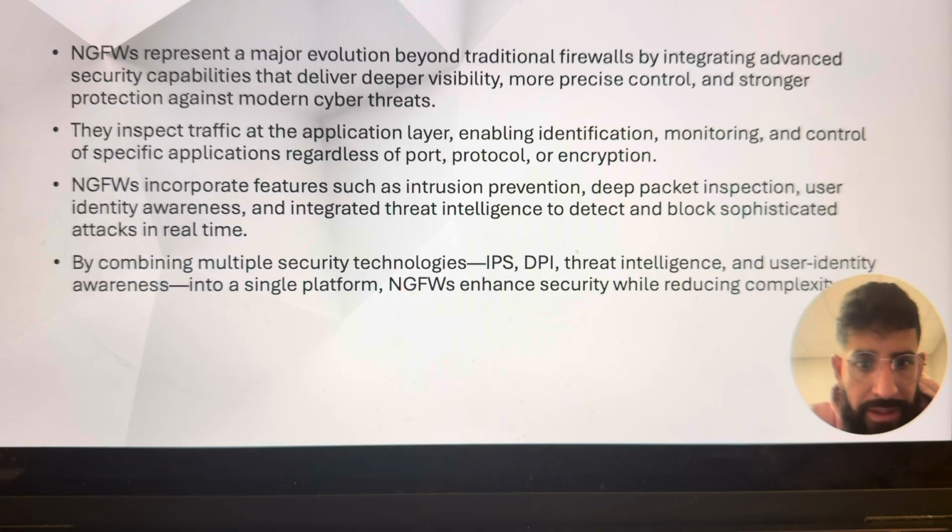They inspect traffic at the application layer, enabling identification, monitoring, and control of a specific application regardless of port, protocol, or encryption. Next-generation firewalls incorporate features such as intrusion prevention, deep packet inspection, user identity awareness, and integrated threat intelligence to detect and block sophisticated attacks in real time. By combining multiple security technologies into a single platform, next-generation firewalls enhance security while reducing complexity.